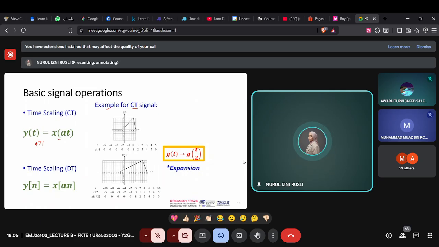It somewhat looks like a triangular signal. Whenever you have the scaling time, which in this case is t over 2, you are actually expanding your signal with respect to the t axis, with respect to time.